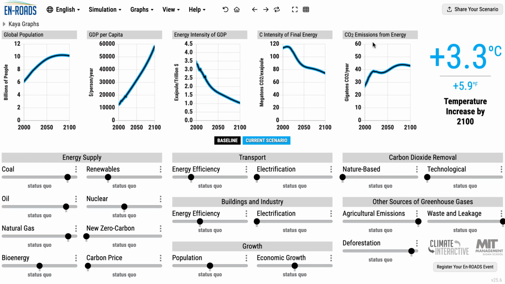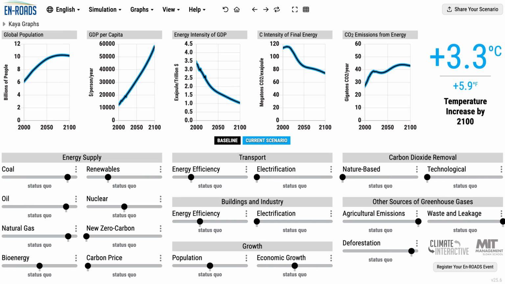Let's look at each one individually. Over on the far left, global population, 2000 to 2100. It's growing slowly. Its rate of growth is decreasing over time as we have falling fertility rates, more industrialization, and around the world, smaller families. That number is multiplied against the next one, which is the GDP per capita.